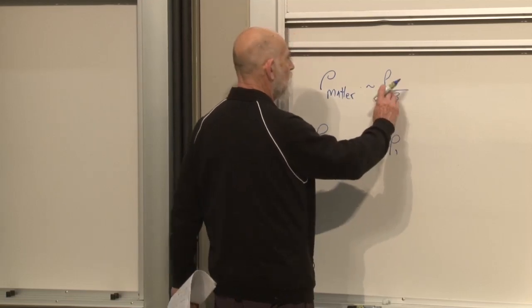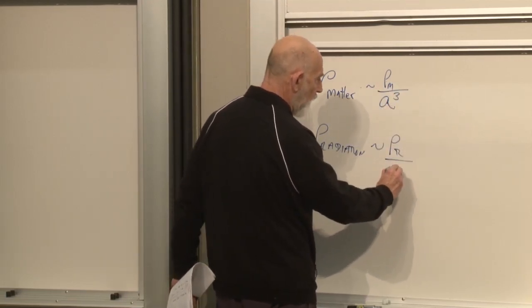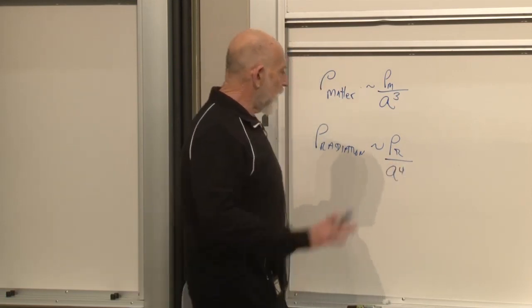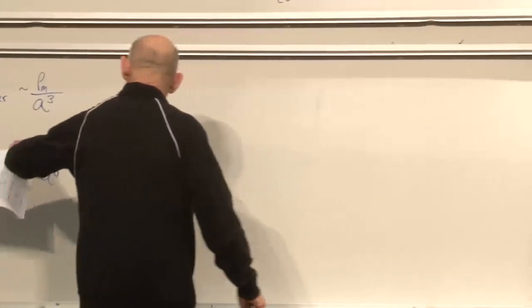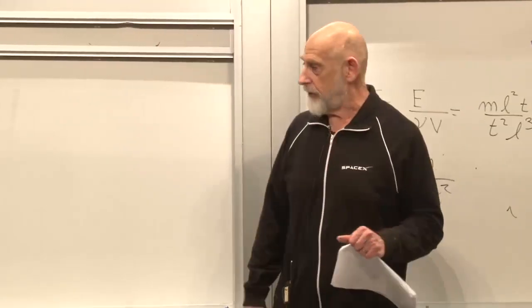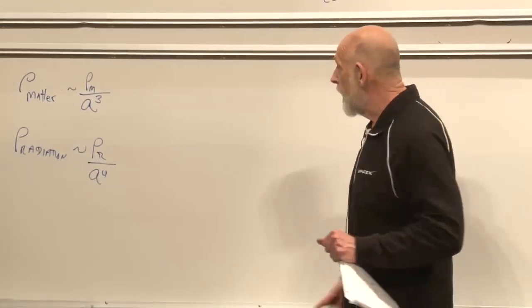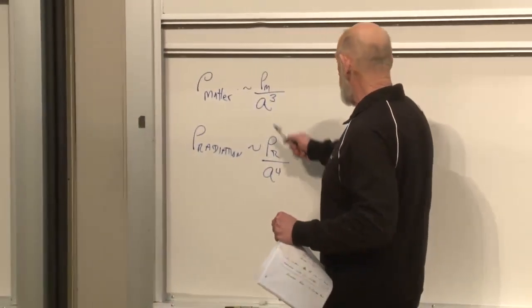I guess we could call these rho matter and rho radiation. As we go forward in time, radiation becomes less important. Well, of course, it's much less important today. But as we go backward in time, we come to a time where this becomes bigger than that.